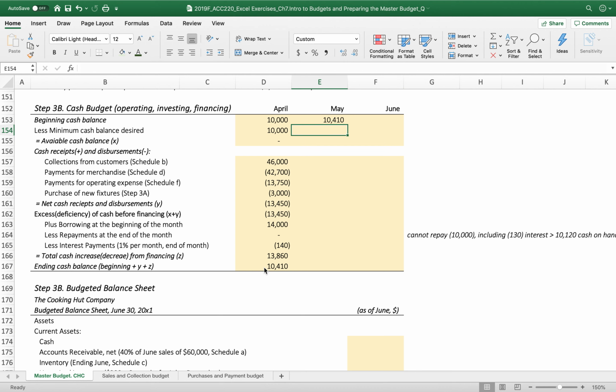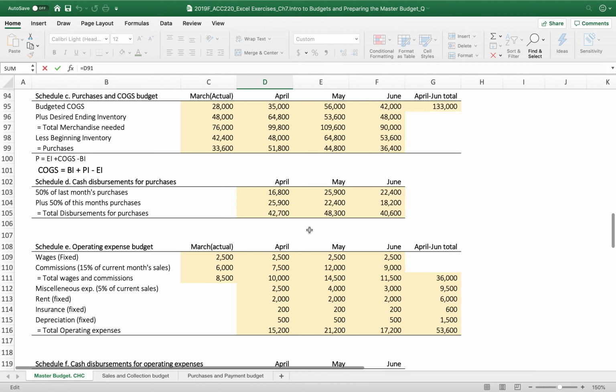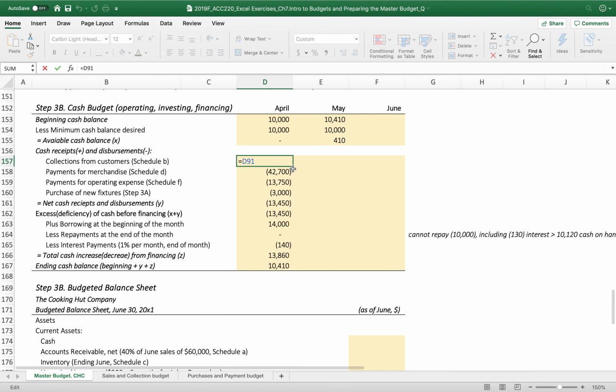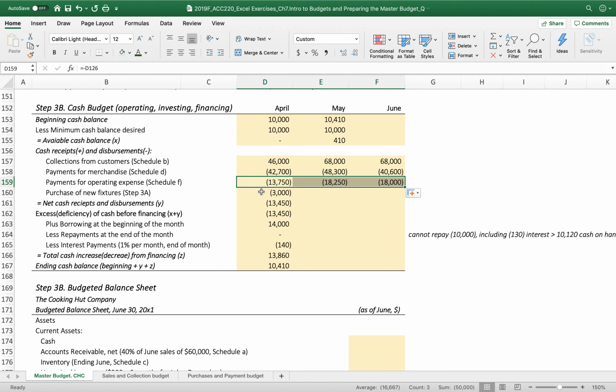And then what is the amount of a minimum cash? Okay, exactly the same. The available cash balance is now bigger than the minimum cash balance desired on hand, right? So that is available cash. In the collection, we put this information, we correlate that information onto the cash collection here, then we can just stretch out to June, and then we can get all that information.